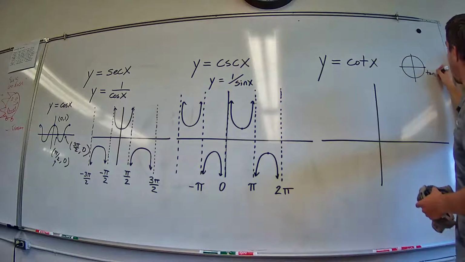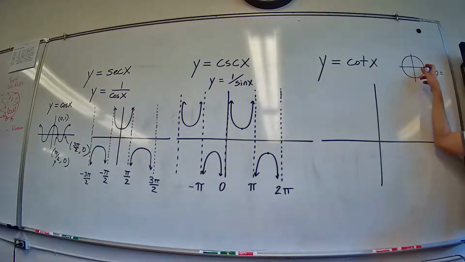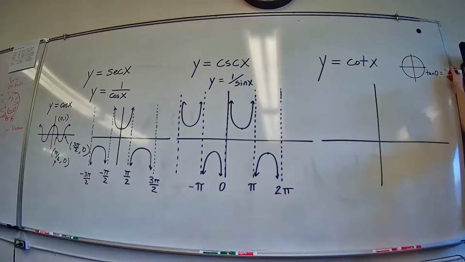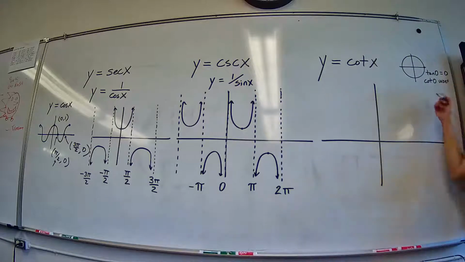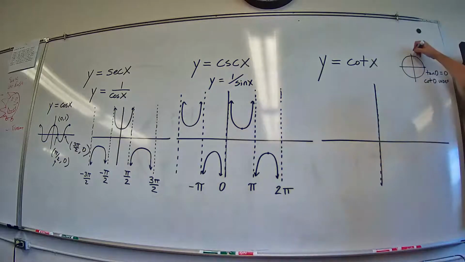What's the tangent of 0? Given that that point has an x of 1 and a y of 0, tangent would be 0. So then what's the cotangent? Undefined. So what structure is cotangent going to have at 0? Asymptote. Very good. And then up here, the tangent of pi over 2 is undefined.